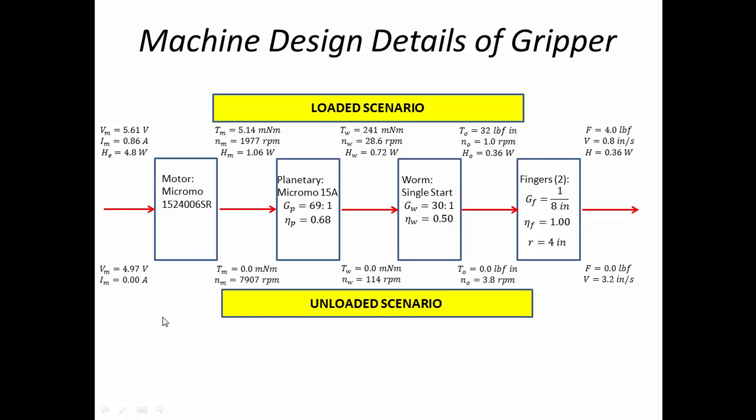And in the unloaded scenario, we really just have no loads that propagate through, so there's no current, no torque, no torque, no torque, and no force. And we're just looking at what will be the voltage on the input, almost 5 volts. We're looking at the motor spinning at 7,900 RPM.